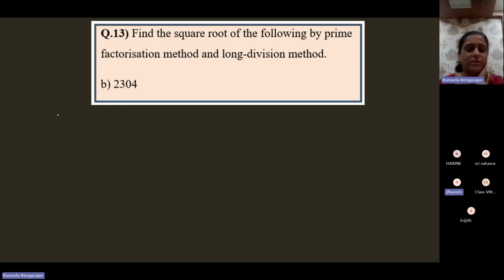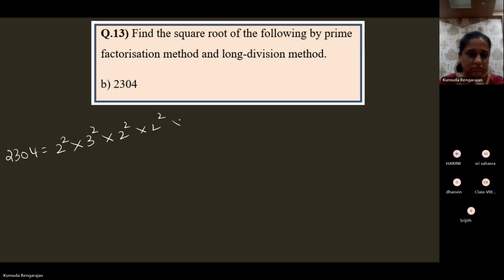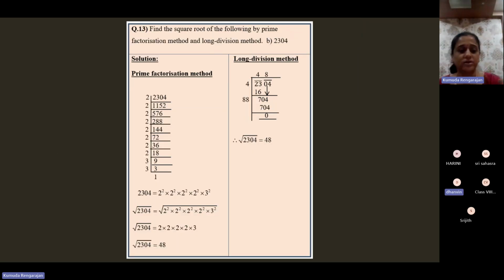How do you express this number as a product of its prime factors? 2 into 2 into 3 into 3 into 2 into 2 into 2 into 2 into 2 into 2. Very good. Okay. So it's 2 squared into 2 squared into 2 squared into 2 squared into 3 squared. Yeah, you're right.